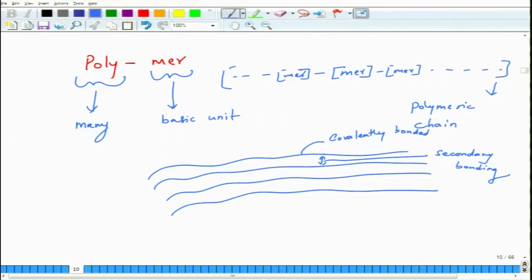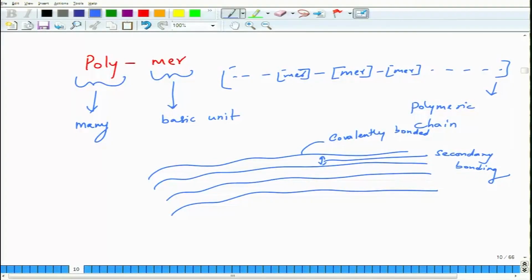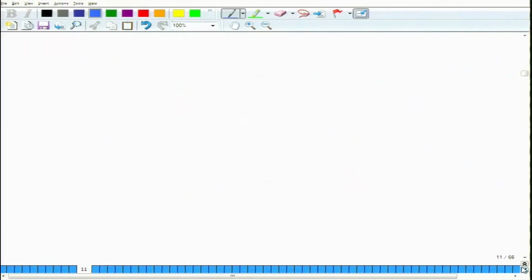This secondary bonding between the chains allows it to be flexible. There is flexibility in the structure of polymers. Depending upon how these chains are arranged in space, the polymers could be a linear polymer, which is also called a chain type structure.